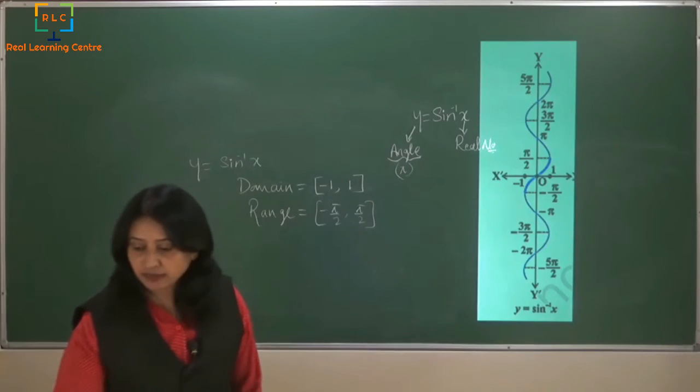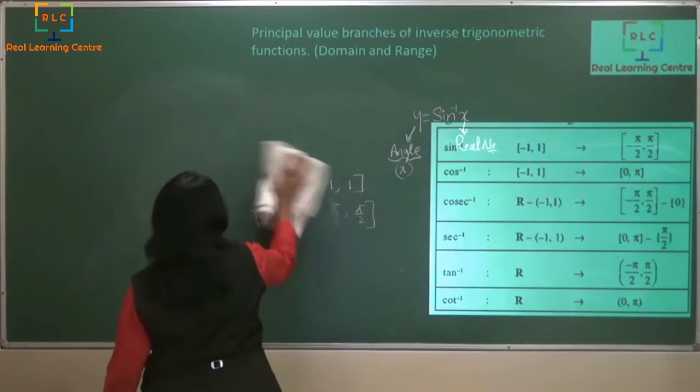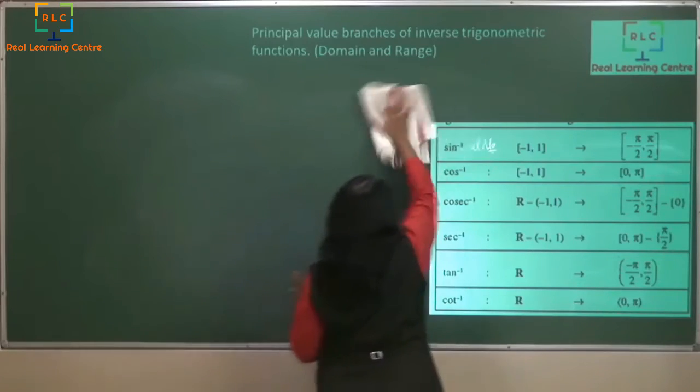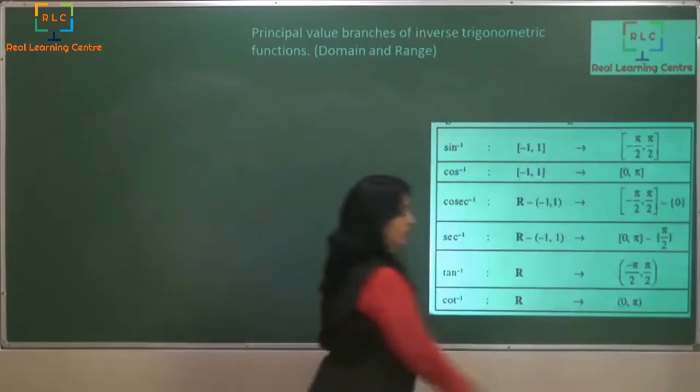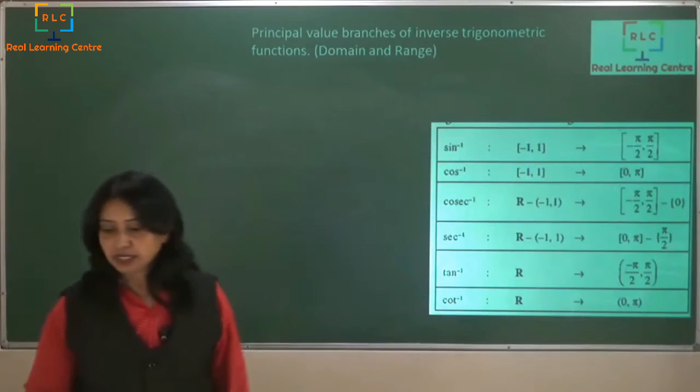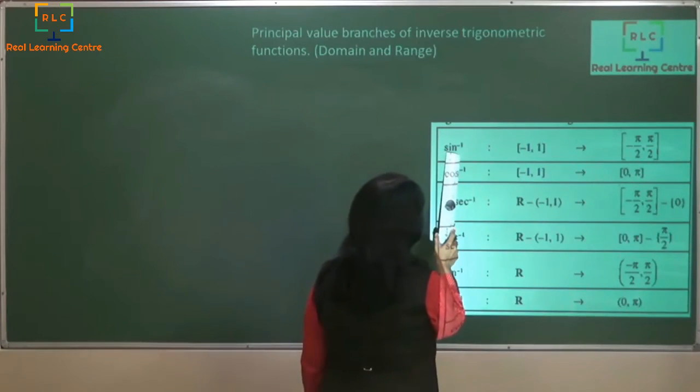So now let us see, we have a table here. You have principal value branches for all the functions similarly, as we saw for sine theta. Now I want you to understand like this. For sine inverse x, what is the domain?